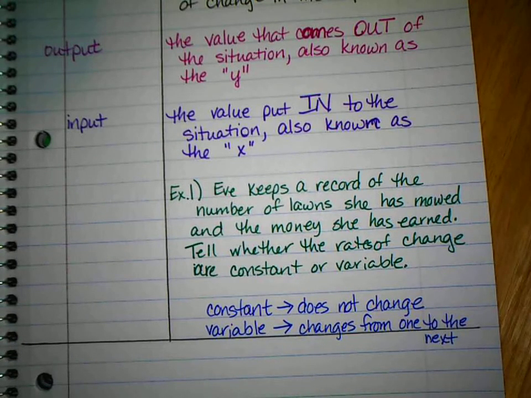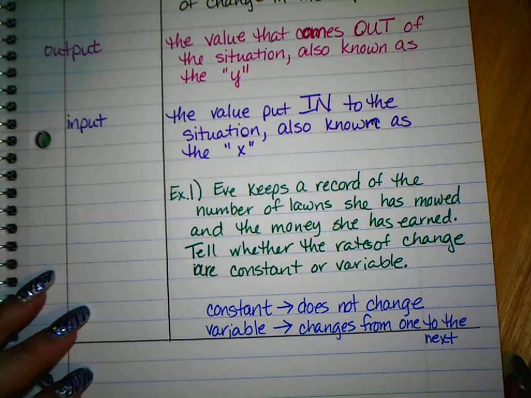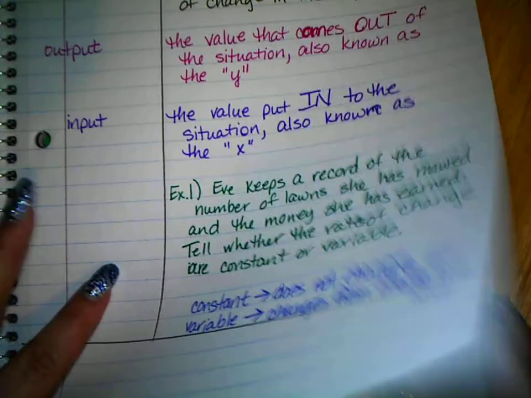So, we're going to look at the information that Eve has kept track of on the number of lawns she has mowed and the money that she has earned. And we're going to look and see if the rates of change are constant, they don't change, or they're variable. It changes from one to the next. And we have to be careful with what we're talking about here. So let's look at her table.